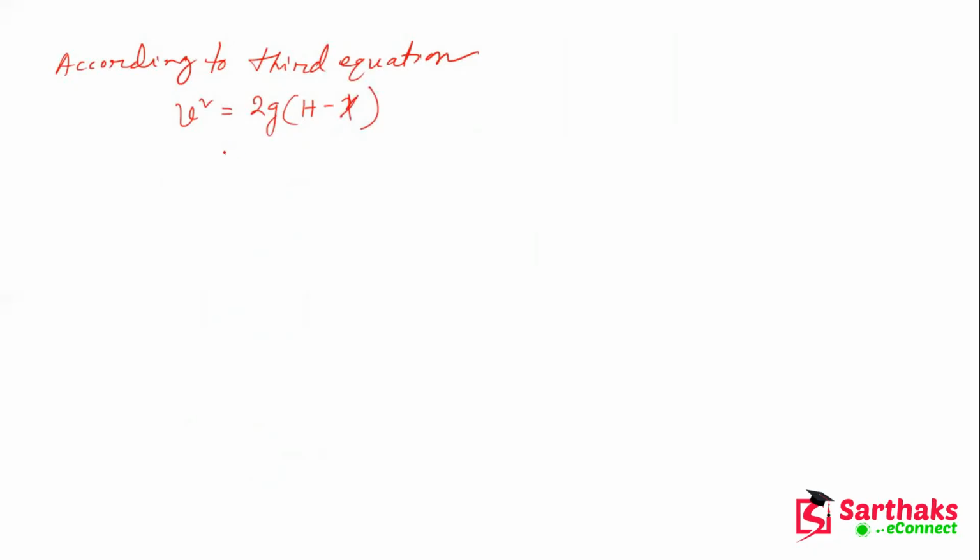It implies that half mv square is half into m into twice g (h minus x).